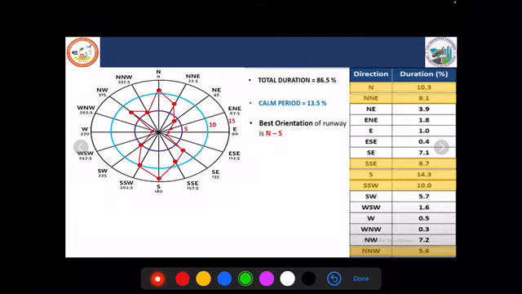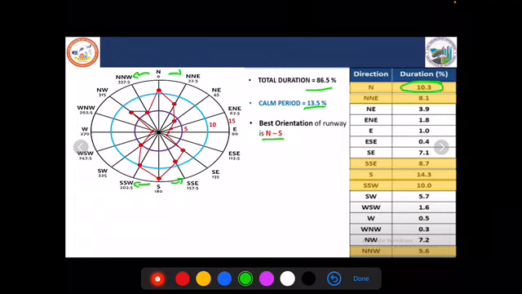So next is to determine the wind coverage. We know that the total duration is 85.6%, the calm period is 30.5%, and the runway orientation is along the north-south direction. Now to determine the wind coverage on either side of the north-south direction, you have to check the duration of the wind in those regions.